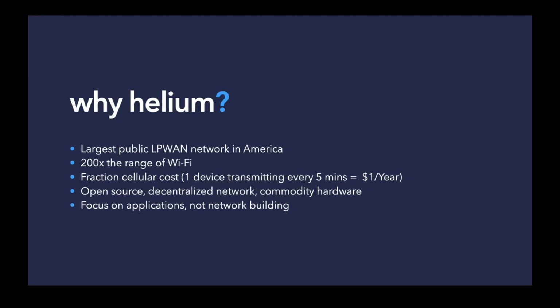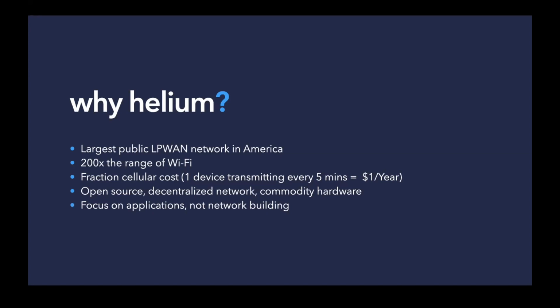In terms of range, it's a big question that we get. There's very long range. We say 200 times the range of Wi-Fi, but in some cases, in certain environments, that could be even a lot more. And in terms of cost, we get a lot of comparisons to cellular. We're a fraction of the cost of cellular.